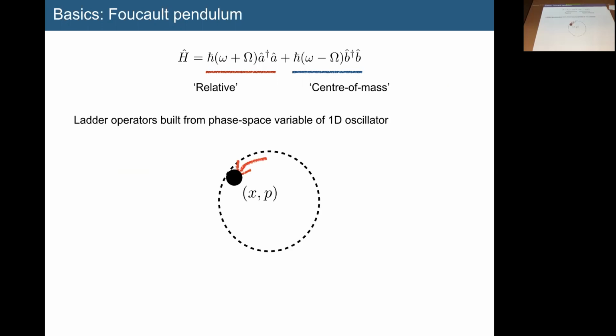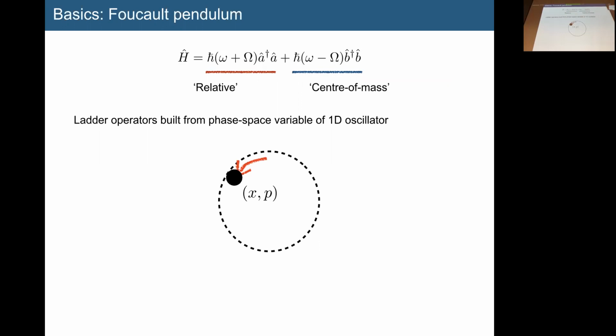We can then appeal to our understanding of 1D oscillators to tell us something about what these ladder operators are constructed from. And we know for a 1D oscillator, the ladder operators are simply built out of the observables corresponding to the coordinates in phase space. This phase space is simply a set of axes where a point in this coordinate system tells you the state of the system.